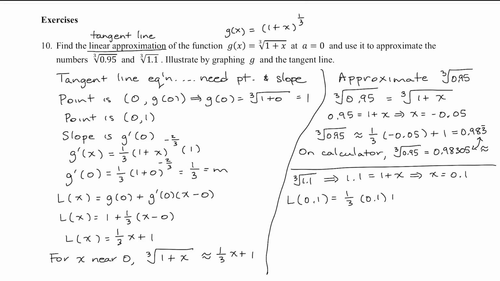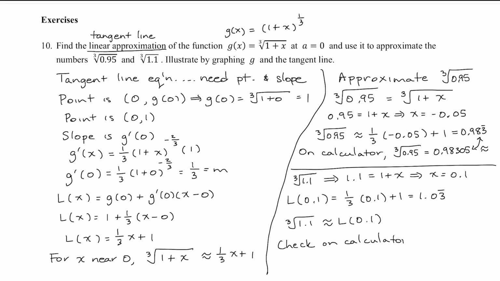So my tangent line value at 0.1 is 1/3 times 0.1 plus 1, which, again, if you put that into your calculator, that's 1.03 with the 3 repeating. And this linearization then says that the cube root of 1.1 should be approximately equal to the linearization, the tangent line value evaluated at 0.1.